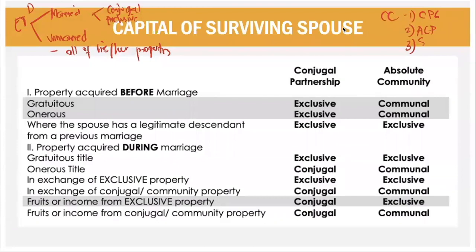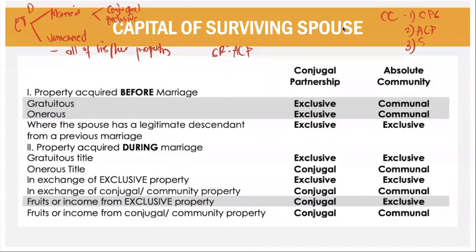These are the regimes that govern your marriage relations. Before you get married, individuals may enter into any marriage settlement they want, but under the law, as a general rule, the marriage regime is the absolute community of property.